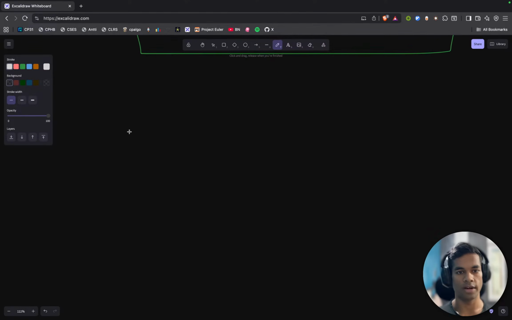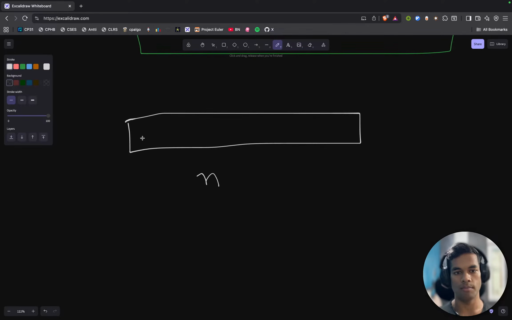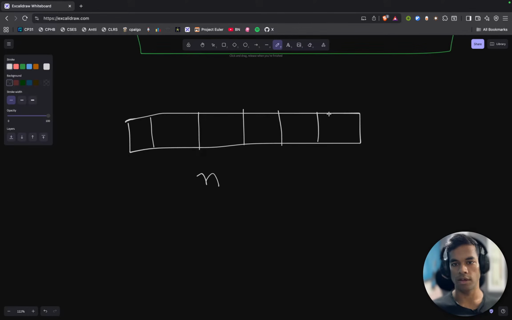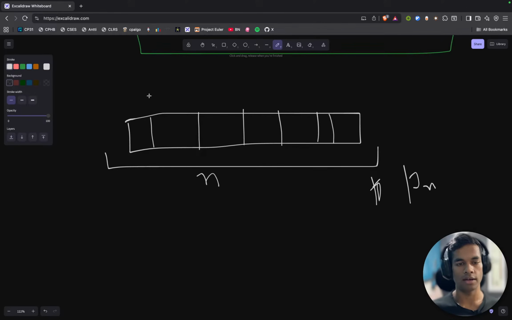In the rod cutting example, when we had a rod of length n, we said, let's say we do not cut the rod, what is the price at that point? It would be p_n. And let's say we cut the rod at this location 1, then at this location 2, or at any random location i.